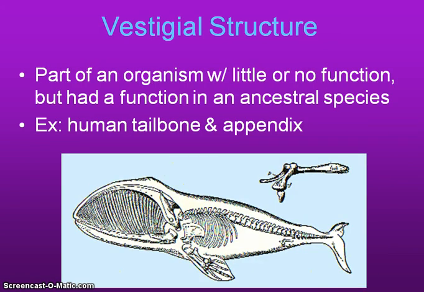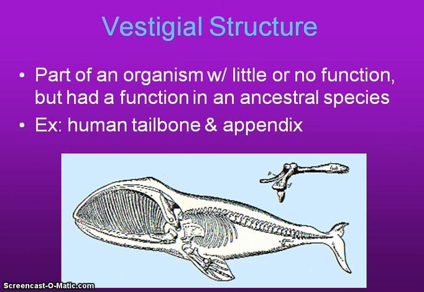And the last type of structures are vestigial structures. These are ones that an organism has that have little or no function, but must have had a function in an ancestral species. So they're no longer useful to us, but our ancestors must have used them for something. So for instance, with humans, we have a tailbone, but we don't have a tail. So we don't really need a tailbone. Also our appendix.